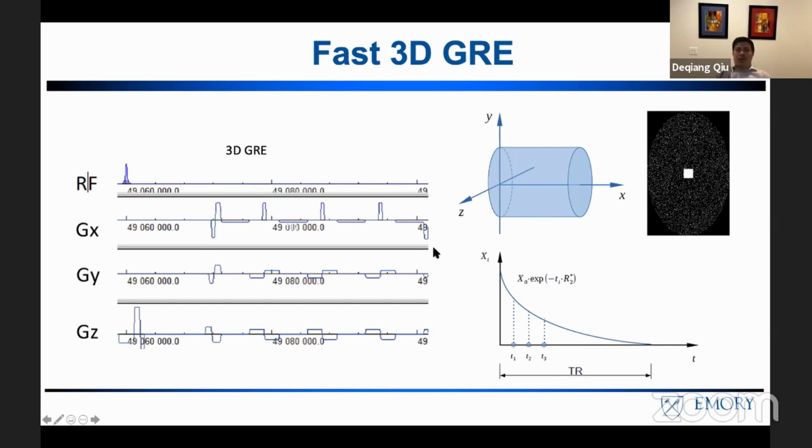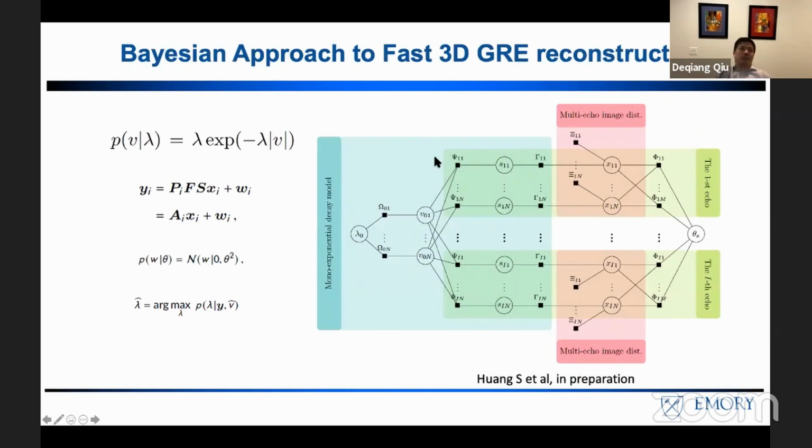And one interesting feature compared to other compressed sensing approaches is that this 3D GRE signal follows a mono-exponential function. So we designed an algorithm in which we use a generalized approximate message passing algorithm to solve this kind of Bayesian approach.